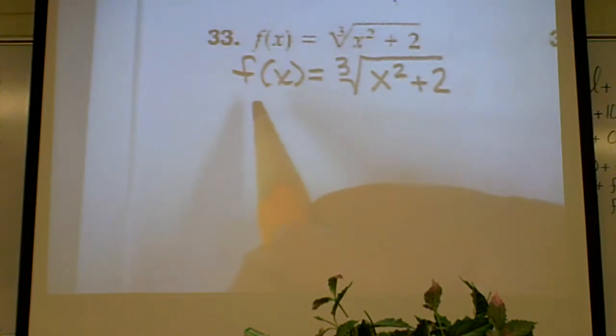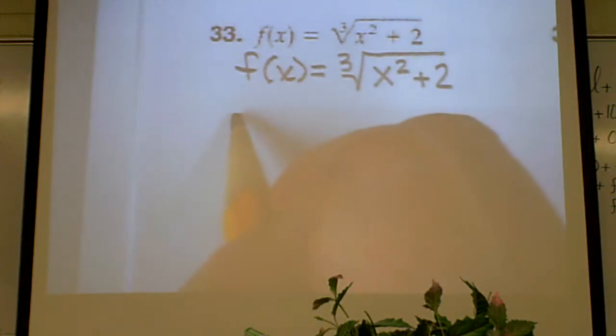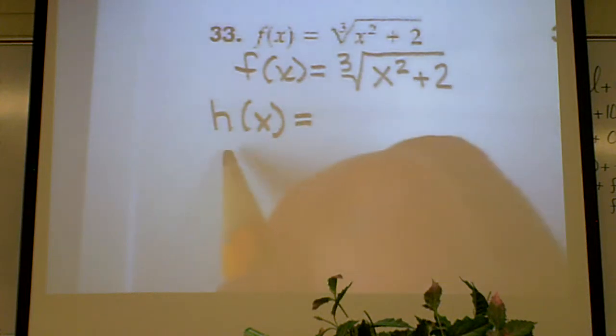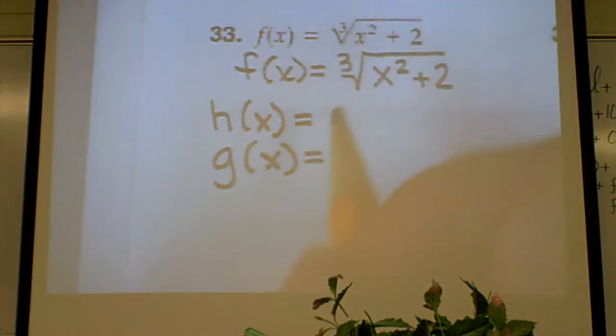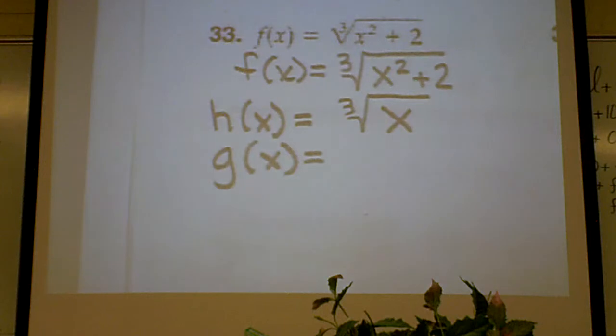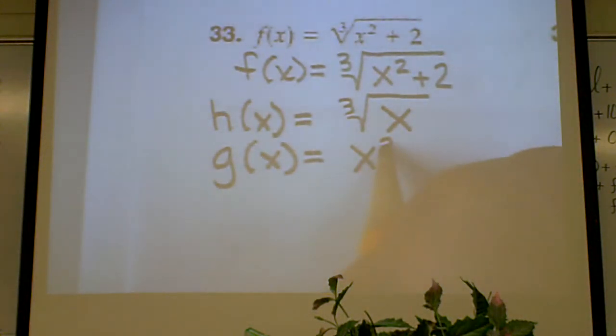Now, I'm going to give me two different letters. H of x, and I'm going to call another one g of x. What's the big picture on this problem? The cube root of something. What's underneath that cube root? X squared plus 2.